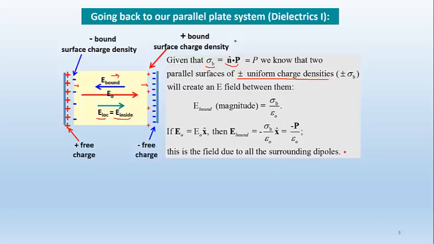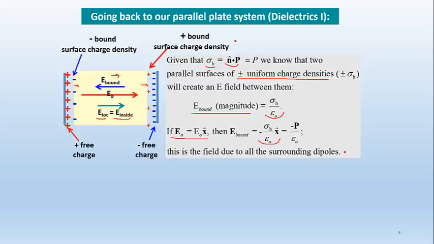In other words, they'll be equal in magnitude. So that's what we said. The E bound is going to be the surface charge density, the bound charge, divided by epsilon 0. E0 is E0 x hat. Then E bound will be equal to minus sigma b over epsilon naught x hat.